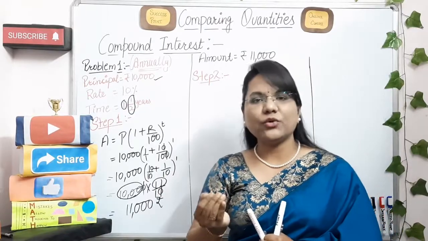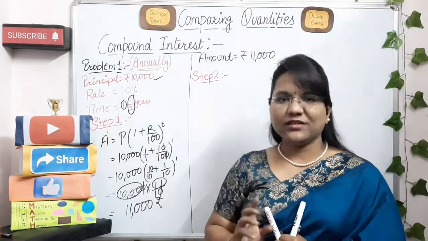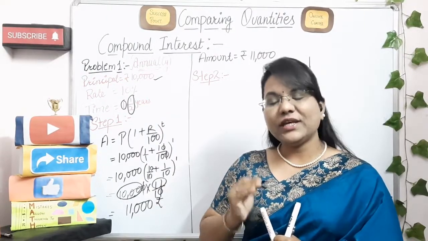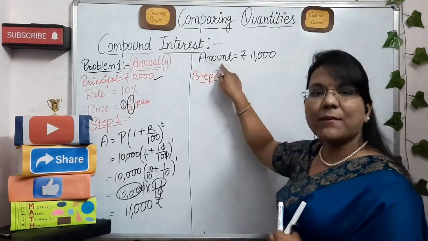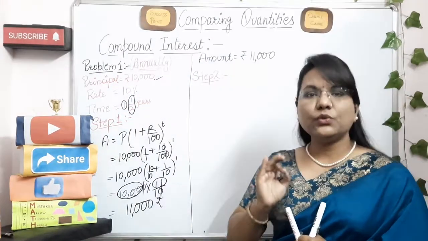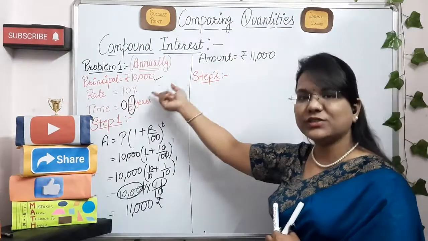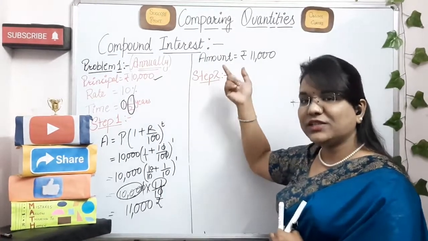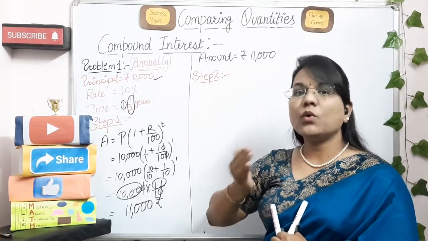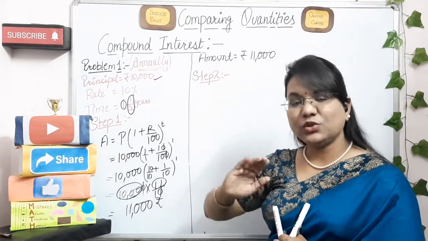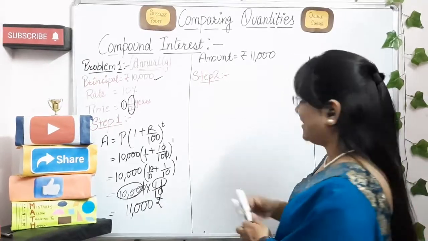If the bank is going to give you reward money, that is based on 10,000 only. Now, if we check compound interest, every year your amount will work as a new principal. The new principal is not 10,000, it will be 11,000. That means next year you will get some more money, so you will get extra on extra money.